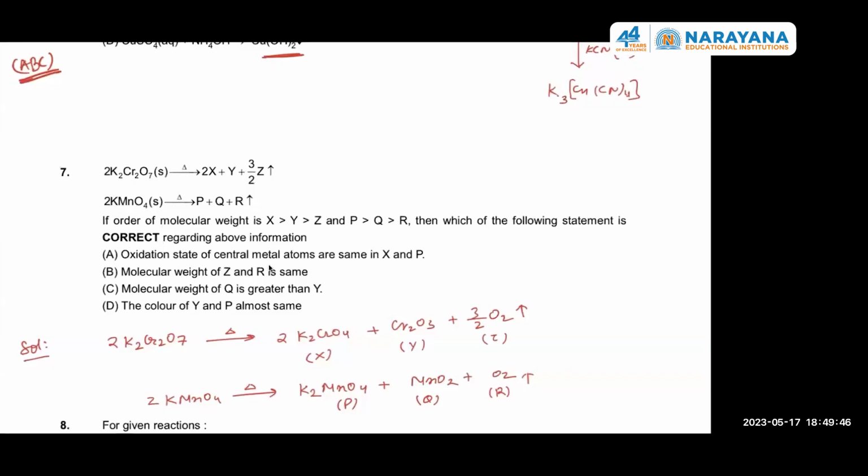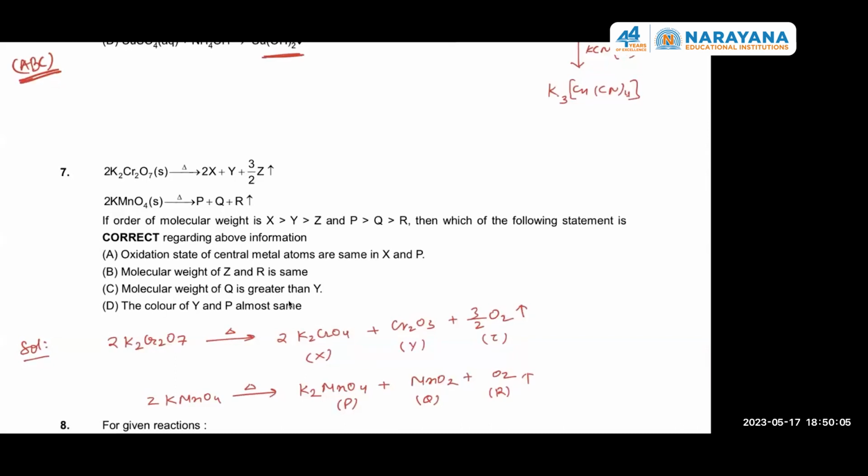See, the oxidation state of the central metal atom is the same in X and P. So X and P will have the same oxidation state, plus 6. The molecular weights of Z and R are the same, because both are oxygen gas.